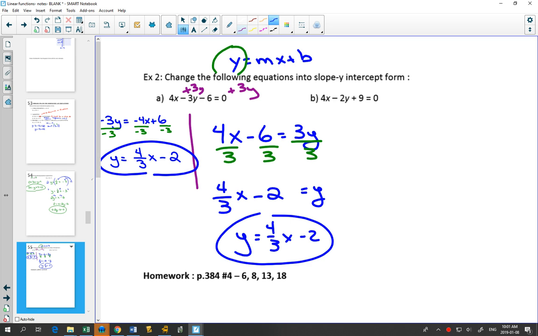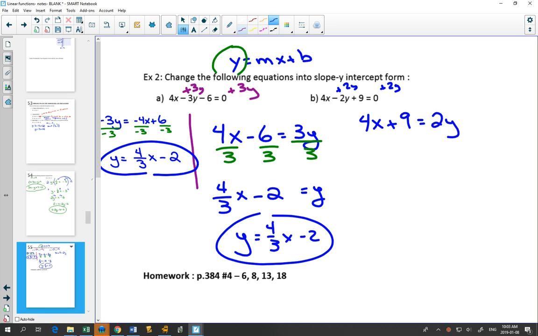So I'd like you to take b and rearrange it and see how you do. All right, we'll check how you did. In this case, in particular, I would add 2y to both sides. You make fewer mistakes when you deal with positive numbers than when you deal with negative numbers.